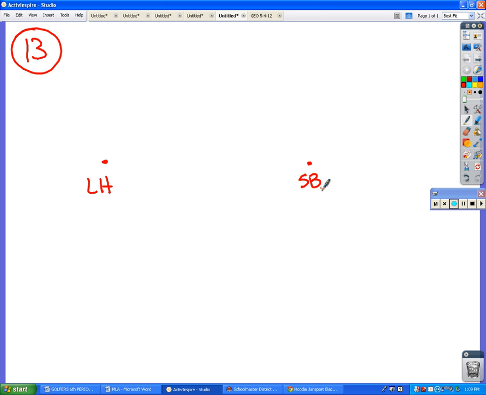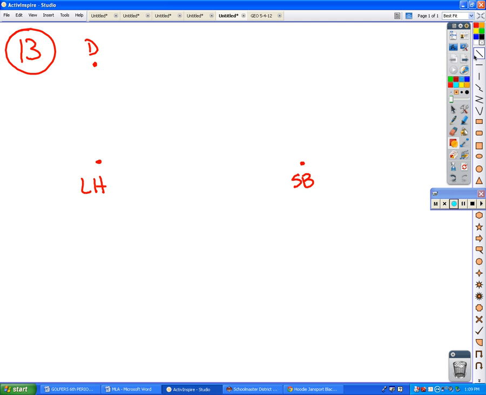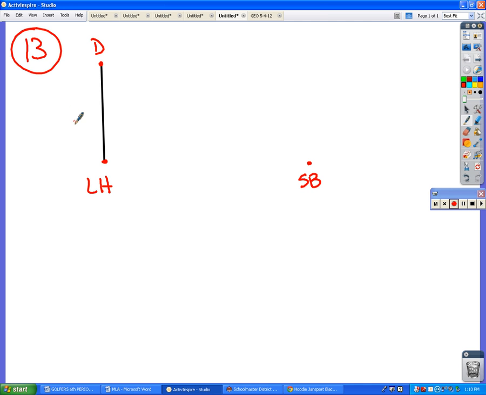The sailboat's dock is 30 kilometers north of the lighthouse. So 30 kilometers north here is the dock, and let's label that: 30 kilometers. Okay, so far so good.